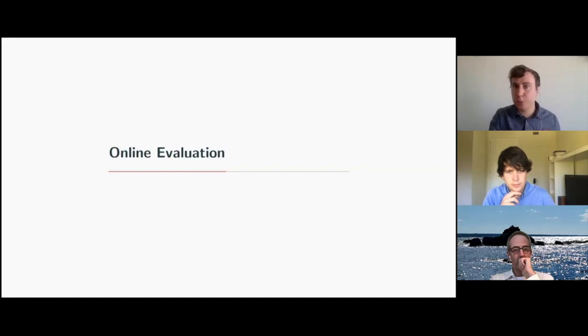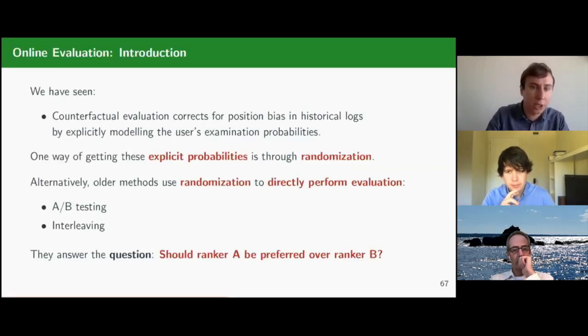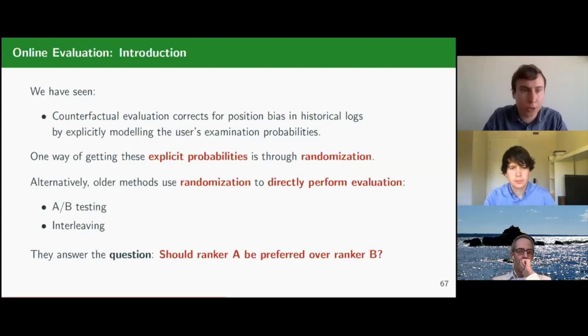Similar to what we did in the counterfactual part of this tutorial, we're going to start with evaluation, which is figuring out how well a ranker works. And then later on, we're going to tackle the problem of learning to rank. We want to learn the optimal ranking model. So in the previous parts, we've seen that counterfactual evaluation corrects for position bias in historical interaction logs by explicitly modeling these user examination probabilities and then applying techniques like inverse propensity scoring.